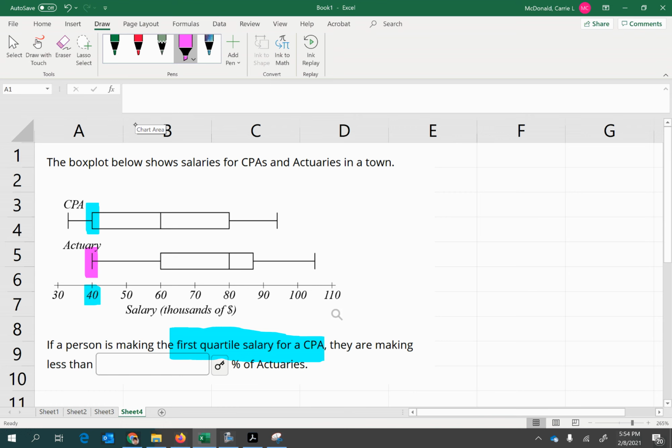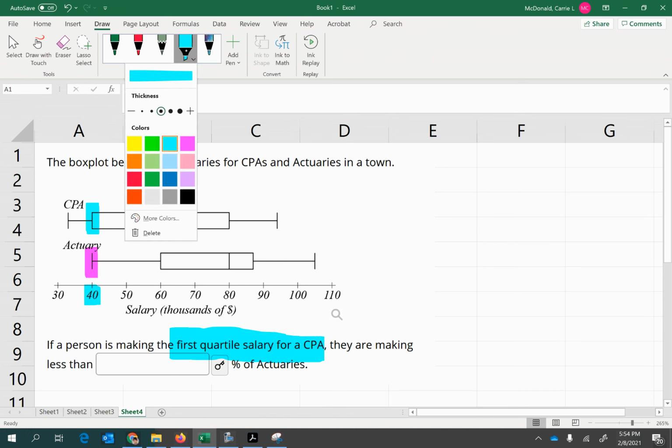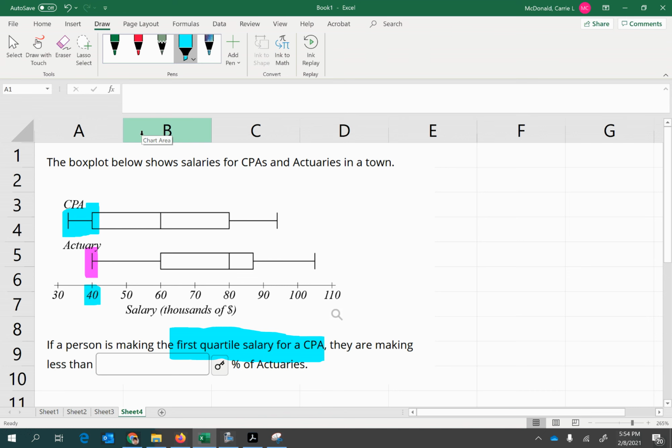So if you're already at the minimum here, then all the actuaries are going to be making more than the CPAs in this quartile, right? All the CPAs in that quartile are making less than the actuary that makes the minimum salary for actuaries. So that's why we would say 100% is the answer here.